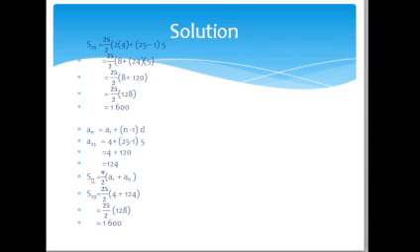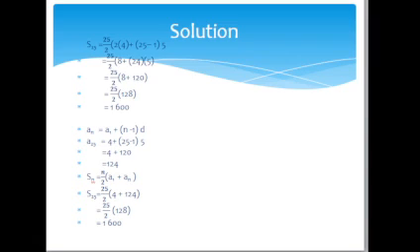And our common difference, or the d, is 5. So 4 plus 25 minus 1 is 24, times 5, and that is 120. So 4 plus 120, that is 124. So our a sub n, or a sub 25, is 124.